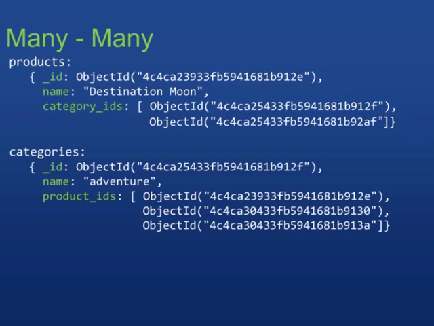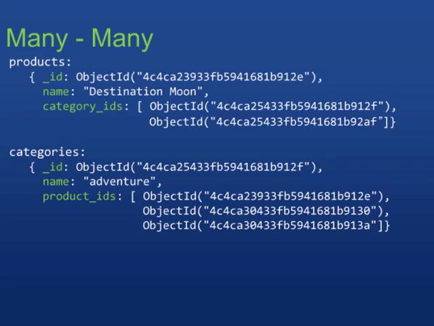Separately, I can have a categories collection, where each document represents a category, and every category can have a list of the product IDs that are in that category. What's notable here is that in a relational database, I would need a third table, a join table that represents these relationships. In Mongo, I can do this with just the two collections. I have products and categories, and each one contains an array of references to the other.